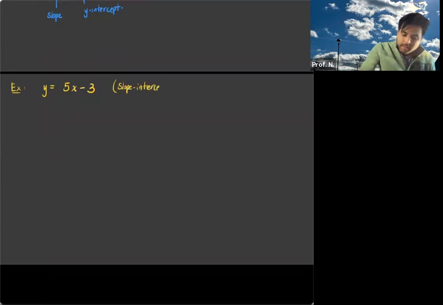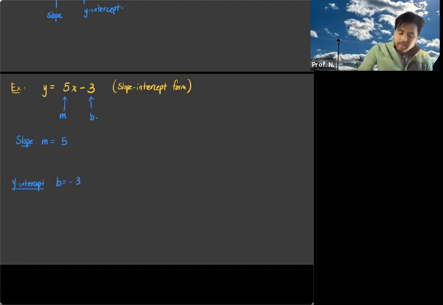Whenever I see mx plus b, I know it's the slope intercept form. Now, what information do I have? I got the slope and I got the y-intercept. So slope equals 5 and the y-intercept b equals negative 3.